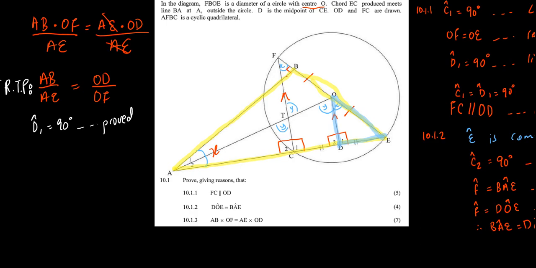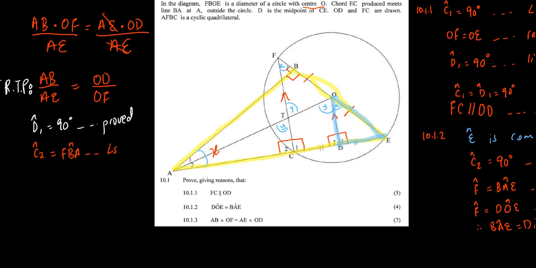We can have a 90 degree here. And what is going to be your reason? So you start with C2, remember, is equal to ABF, to FBA.